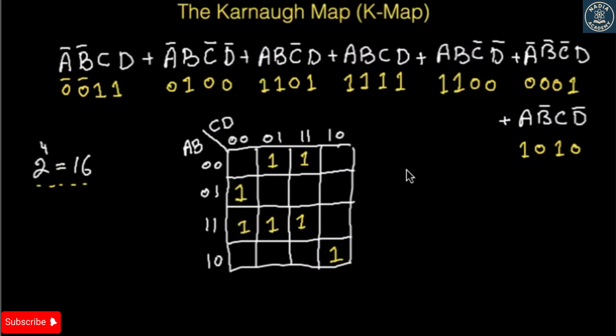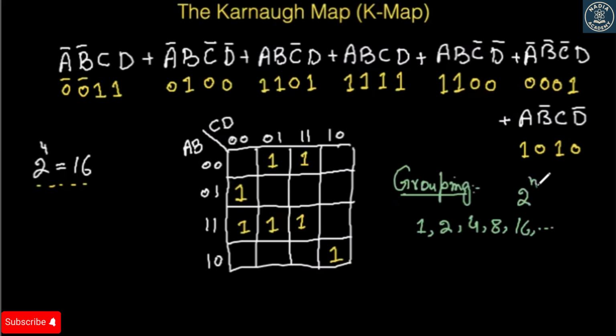For grouping, one group of these values should have a number of 1s that is 1, 2, 4, 8, 16, and so on, meaning the number should be in the form of 2 power n.